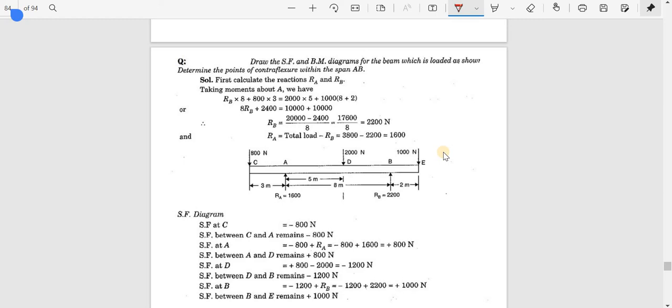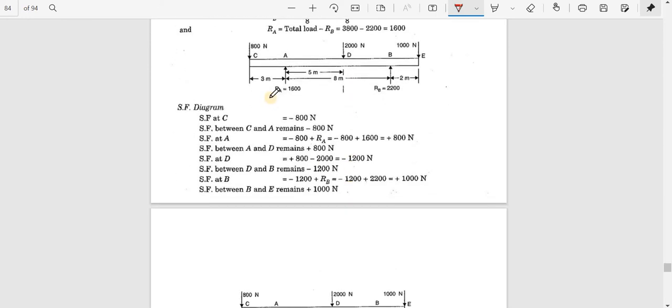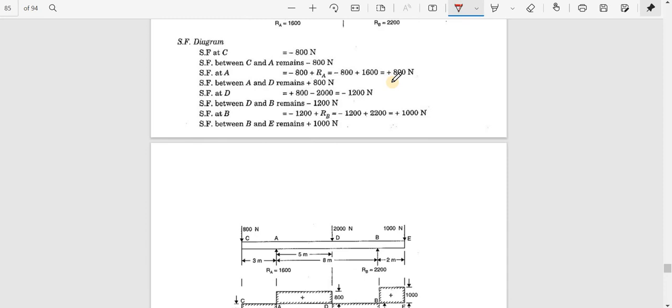In the last problem we discussed, overhanging was only on one side. So here there is only one change, that is RB. We can take the sum of the forces, sigma RA plus RB is equal to, and then moment about a point can be taken. Likewise you can solve and find out RA and RB. After that you can draw the shear force diagram and the bending moment diagram.